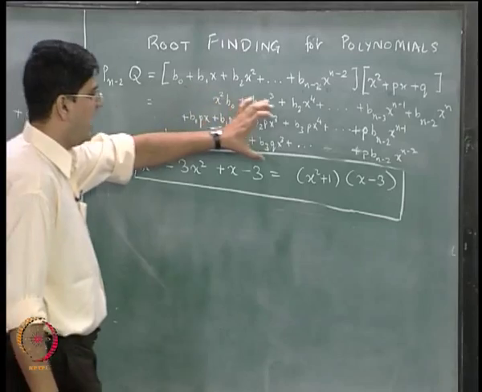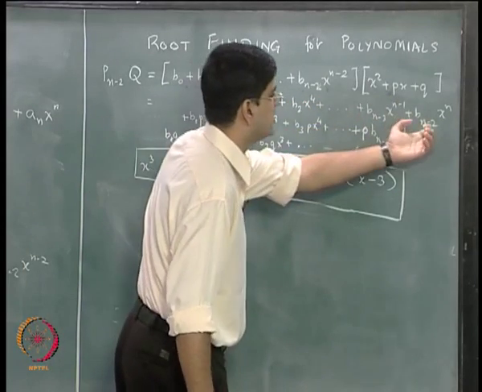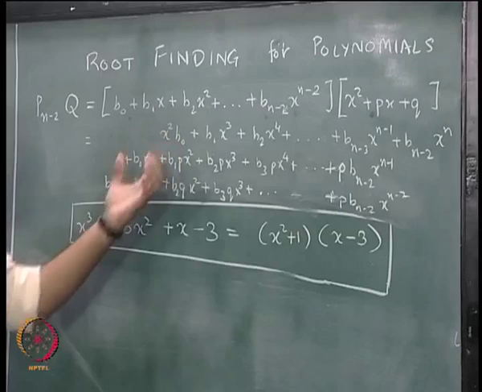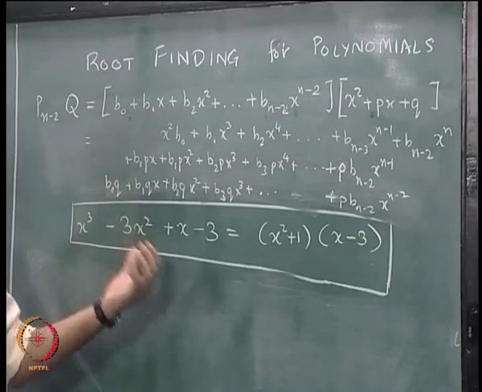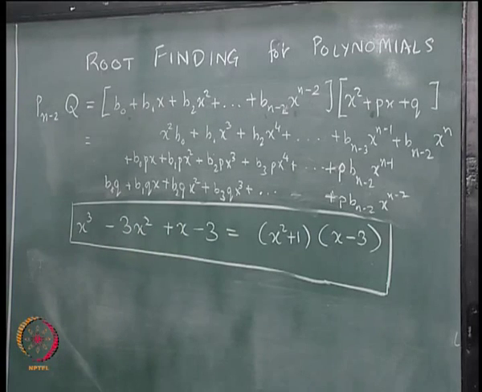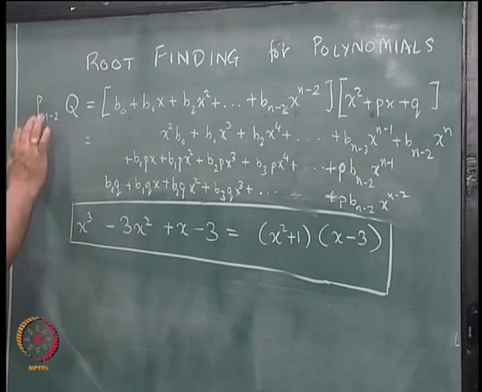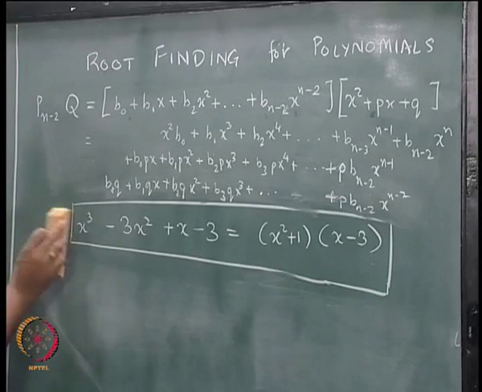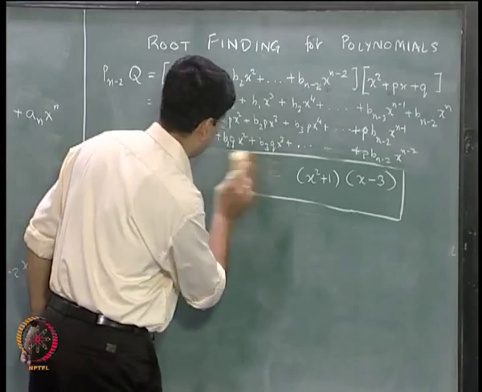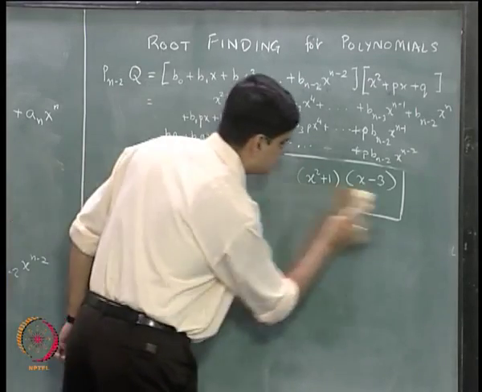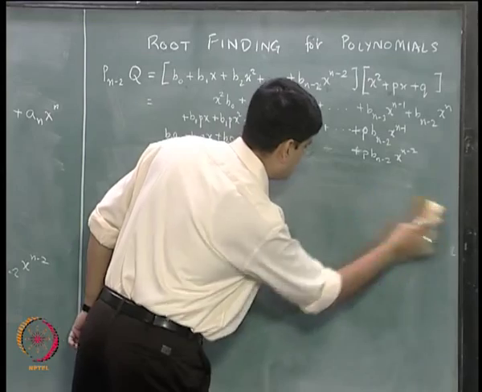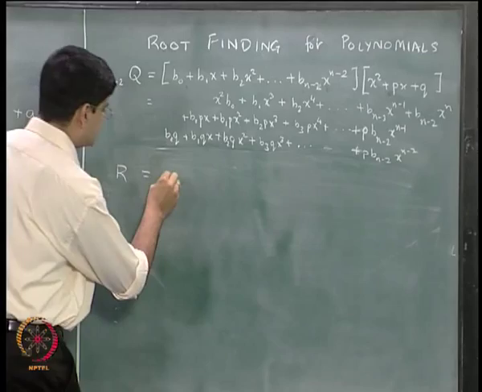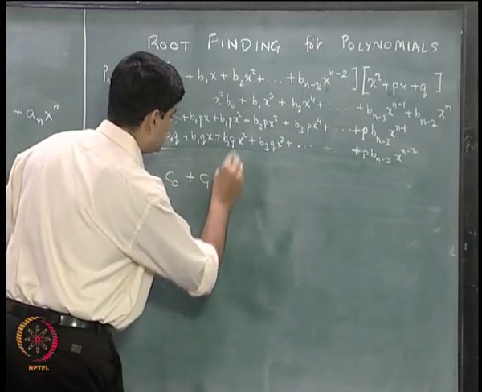So when we add all these up, we can collect the terms in x to the power n, collect the terms in x to the power n minus 1 and so on and so forth, and equate them to the original polynomial that we had. So this is our Pn minus 2 multiplied by q. I will erase this part for now. And r we will write as equal to c0 plus c1x.